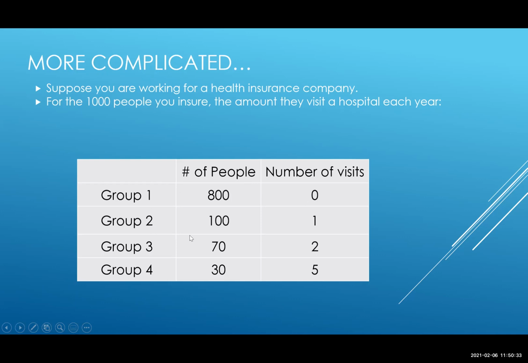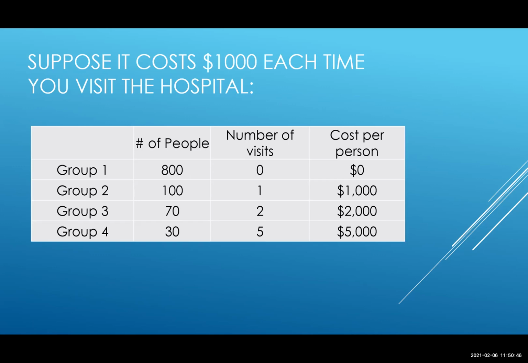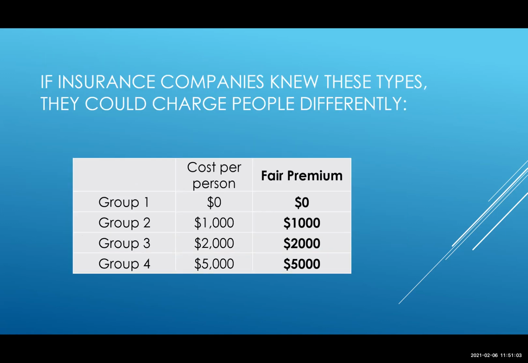Group 2 has 100 people, 1 of them goes. Group 3, 70 people, 2 people go to the doctor. Group 4, there's 30 people and five people use healthcare. Say each time they go to the doctor, it costs $1,000. So for group 2, that's $1,000, group 3, $2,000, and group 4, that's $5,000.